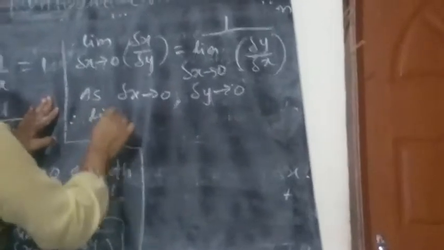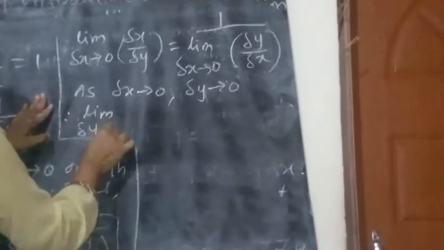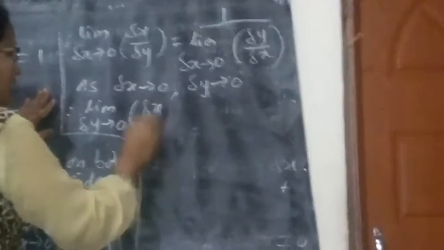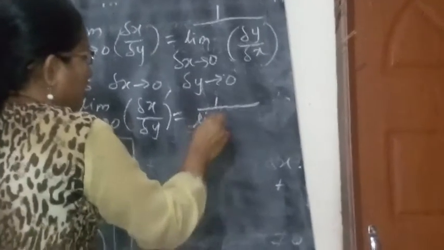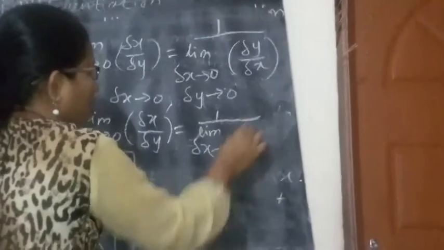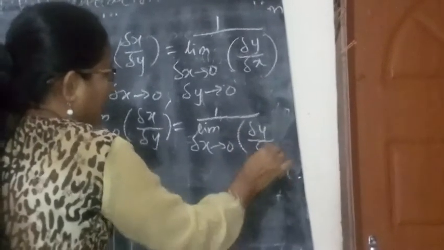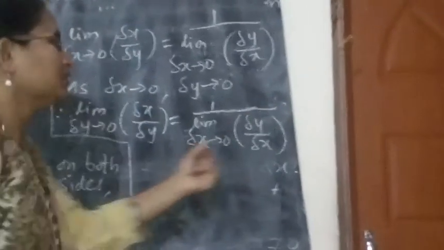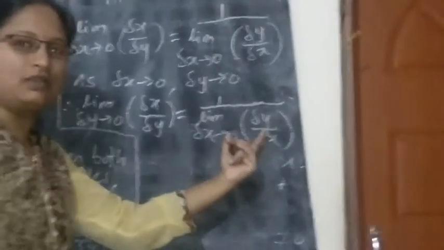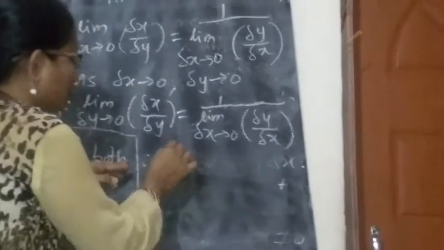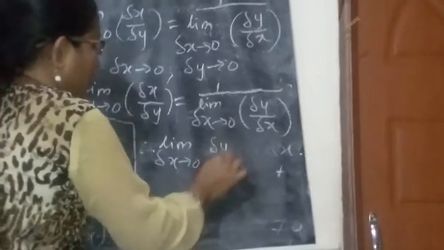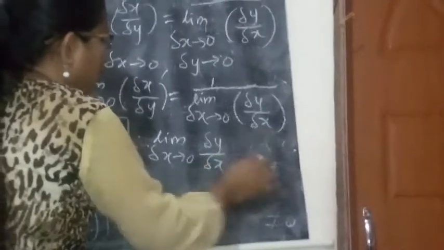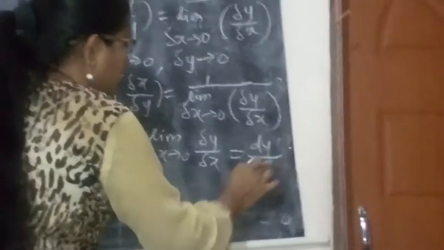Therefore we can write here, limit delta y tends to 0, delta x upon delta y is equal to 1 upon limit delta x tends to 0, delta y upon delta x. But we know that limit delta x tends to 0, delta y upon delta x is equal to dy by dx.